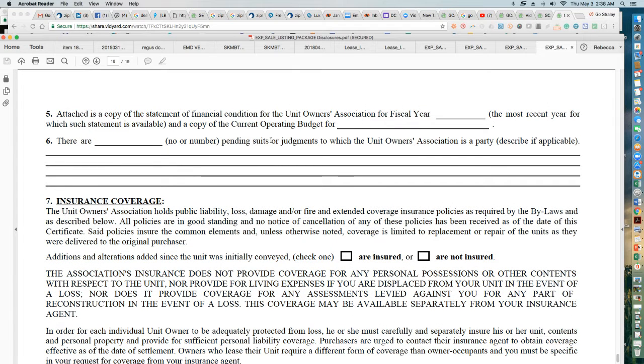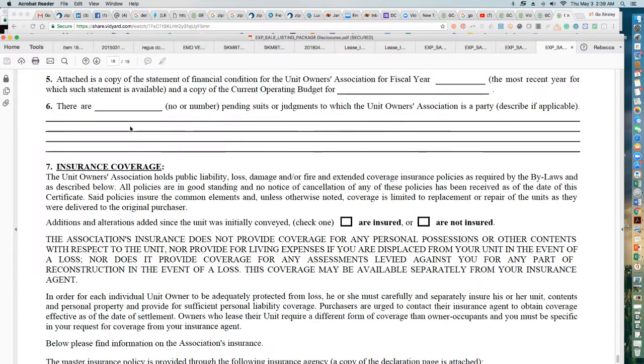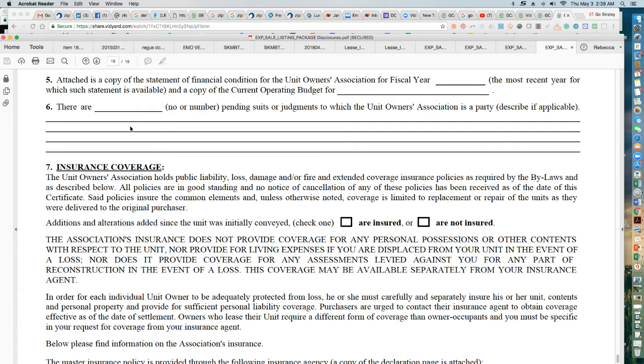Attached is a copy of the statement of the financial condition. So everything that is supposed to be attached here, if it's new to you, I would go through and highlight the attachments and make sure that you have the attachments. And if not, make sure that you cross that off or protect your client by making sure that you have provided accurate information.